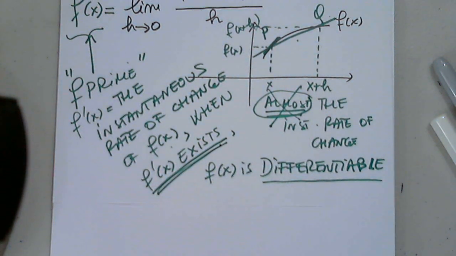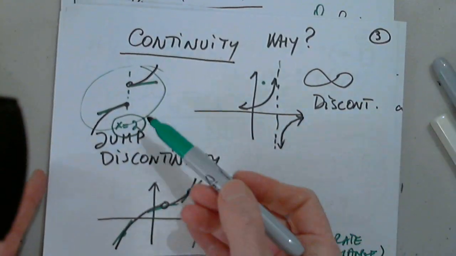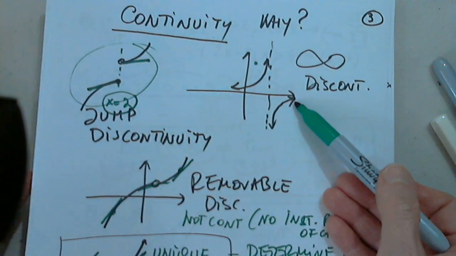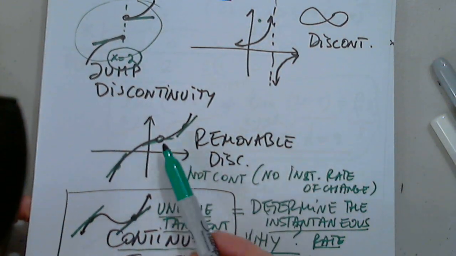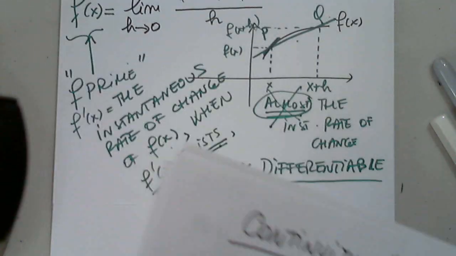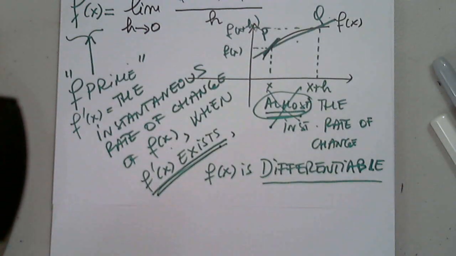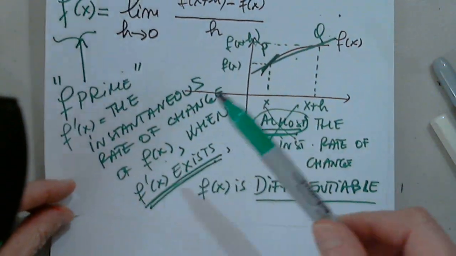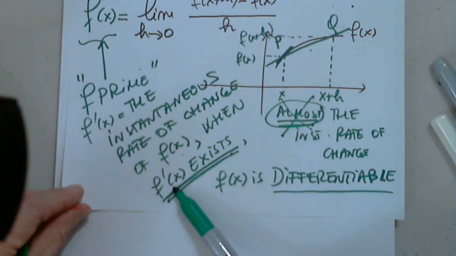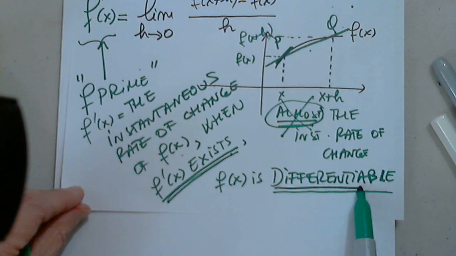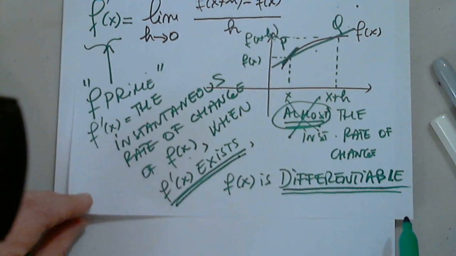So when the derivative does not exist, when the function is not continuous, when it's a jump or infinite discontinuity or removable, and there is another way in which it's not differentiable. So I can determine the rate of change of a function at any point if its derivative exists at that point, or if the function is differentiable at that point.